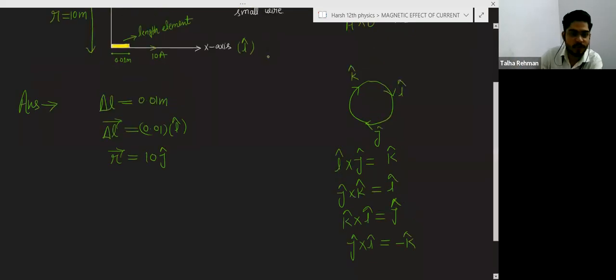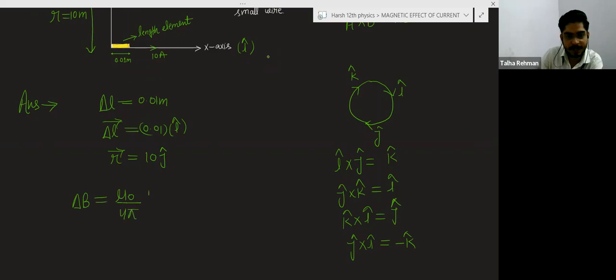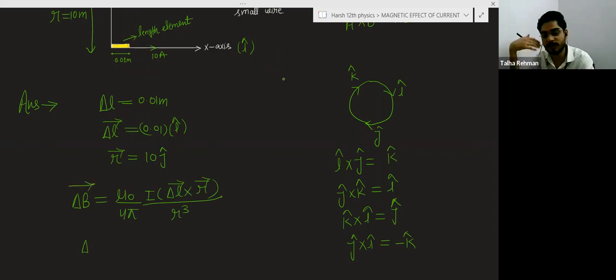Now I want to find this delta B. I will apply the formula here: mu naught upon 4 pi, I delta L vector cross R vector divided by R cube. If you want to find delta B, this formula will give you the direction as well as magnitude.